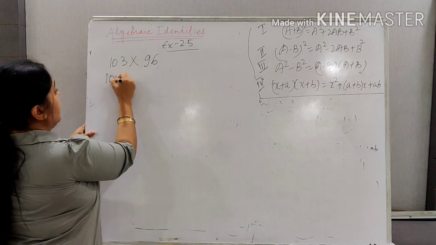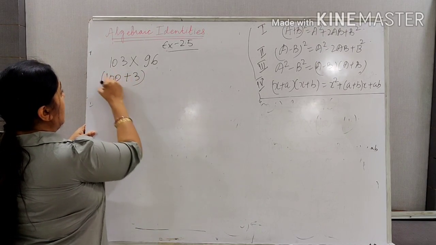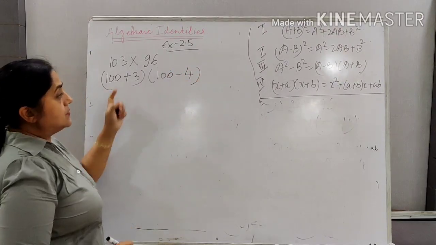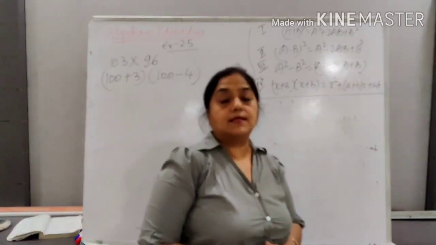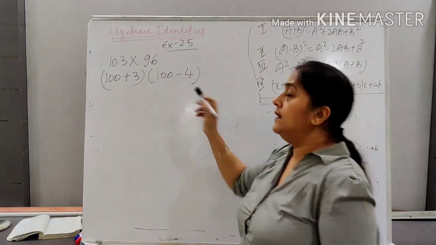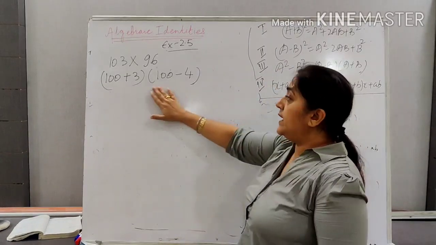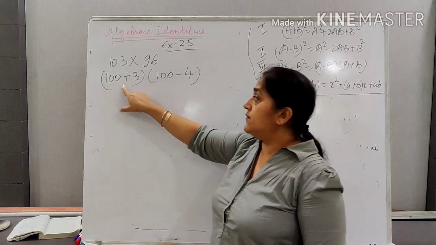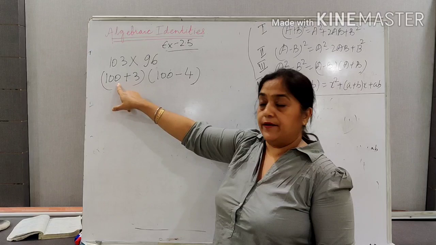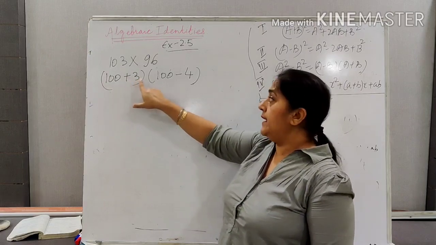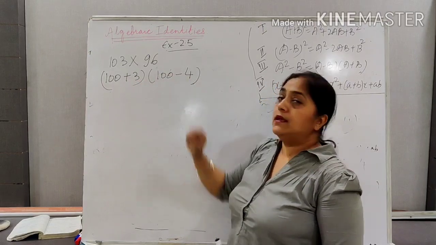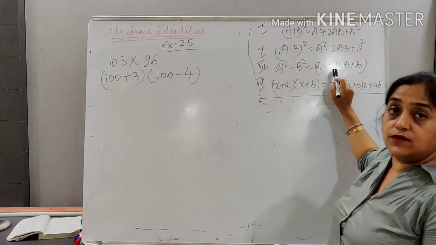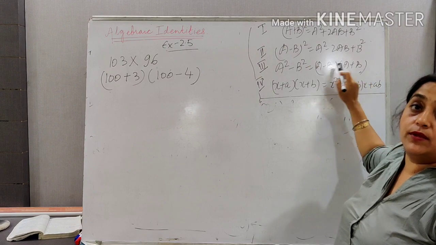So it is 100 plus 3 and 100 minus 4. Of course, one term contains the plus sign and the other term contains the negative sign. But still we can't say that it is a plus b, a minus b. Why? Because we have x as 100, a as 3 and b as minus 4. In these types of questions, we should have the same b on both sides.